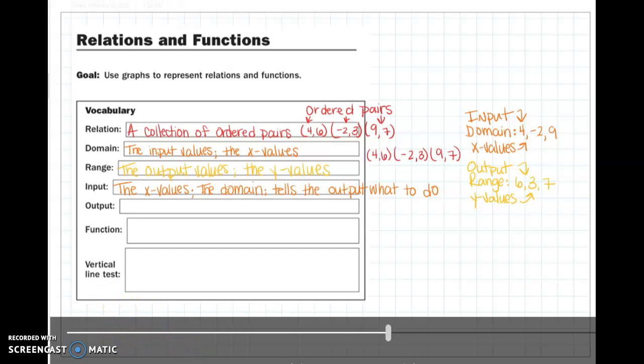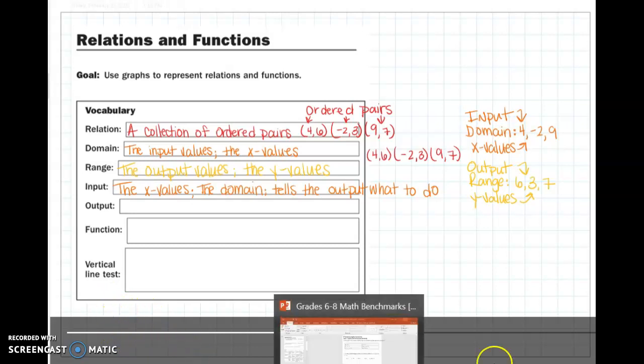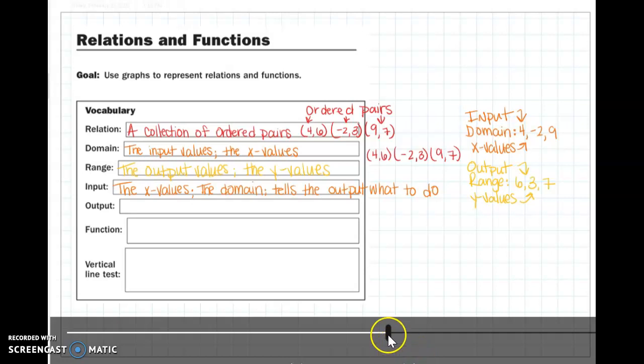The input tells the output what to do. Now the definition of the output: the Y values, the range, and the output listens to the input.